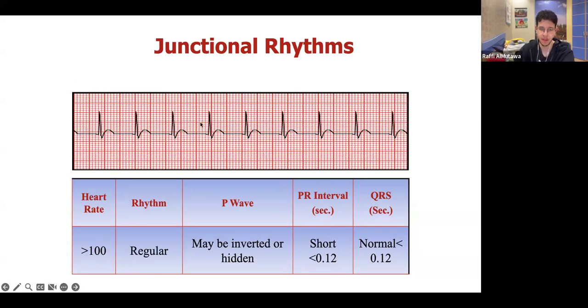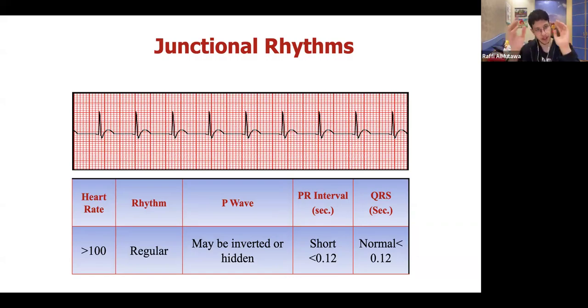What about this one? What do you guys think? Now this would be JTAC. The threshold in which we call it tachycardia for the junction is 100 beats per minute.